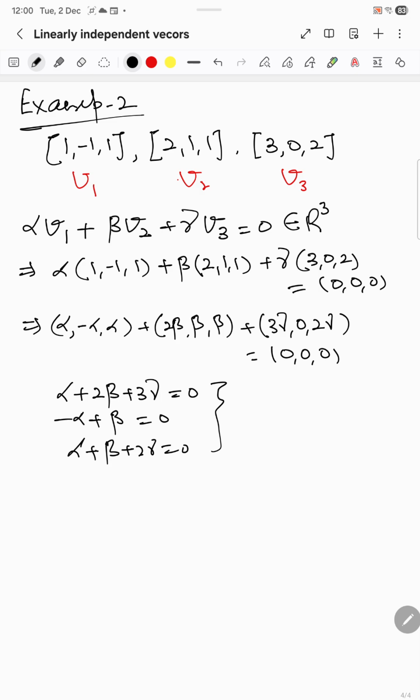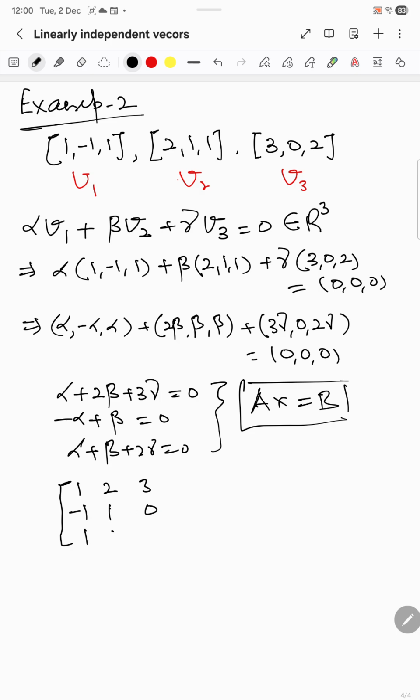So again we are making the matrix representation here. This will give us 1, 2, 3, minus 1, 1, 0, 1, 1, 2, and here we are having alpha, beta, gamma, and this is equal to 0, right?